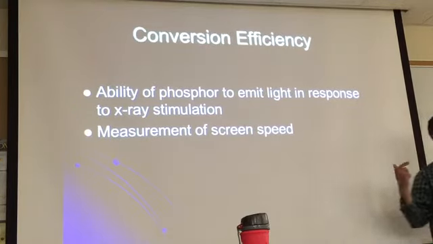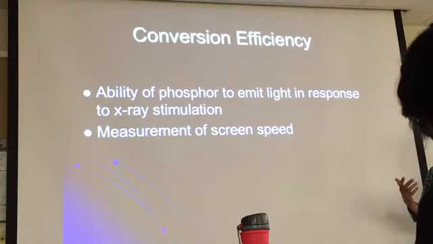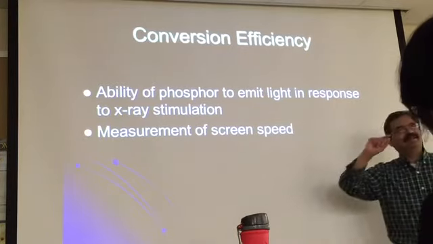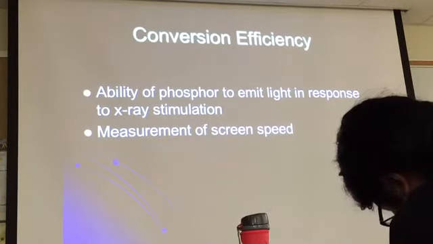So if I say a high speed screen, what do you think I'm saying? Higher ability. Well, faster. It means it's able to absorb very little energy and convert it into light.